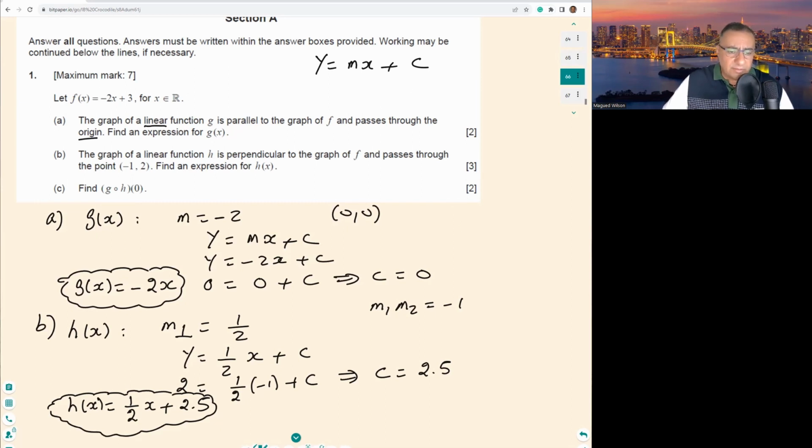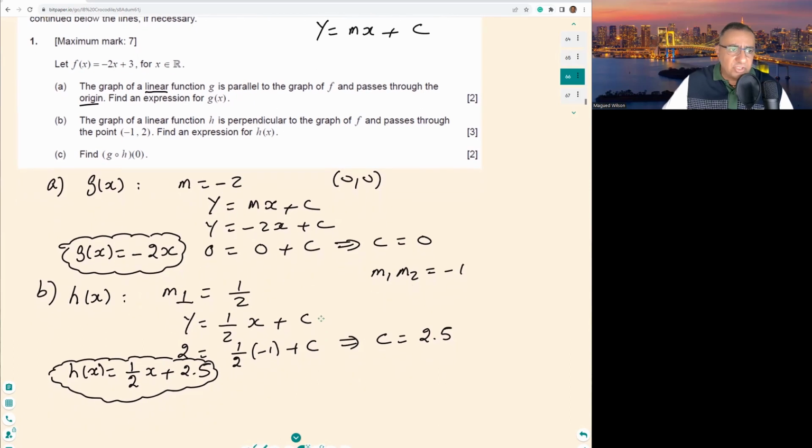Now the last request in this question is part C: find g of h of 0. That is a composite function. It reads g of h, or g circle h, which means h goes into g. What I would do is first find g of h of x, an expression for that, and then plug in whatever value we need for x.